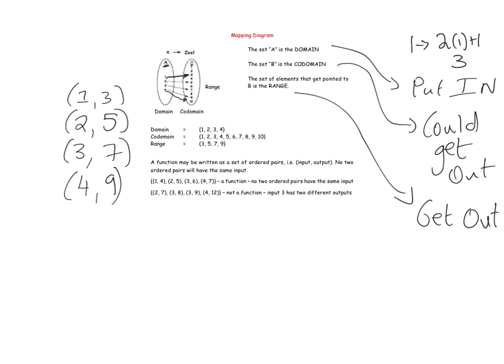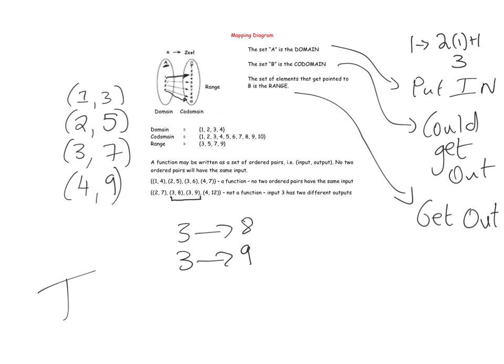Another one here, they've given us two examples. We have (1, 4), (2, 5), (3, 6), and (4, 7). This is a function because no two ordered pairs have the same input. 1 is only mapped to 4, 2 is only mapped to 5, 3 is only mapped to 6, and 4 is only mapped to 7. However, the next set of ordered pairs is not a function, because 3 is mapped to 8, but 3 is also mapped to 9.